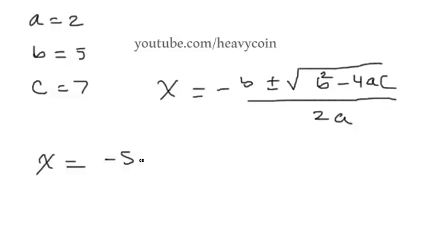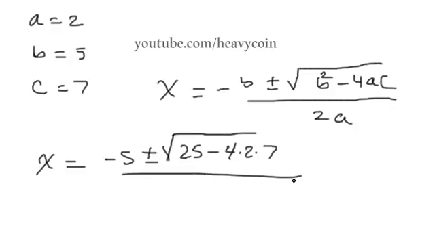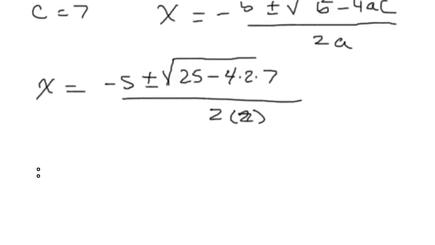And so now we go plugging stuff in. That'd be negative 5 plus or minus the square root of b squared, which is 25, minus 4a and c, over 2 times, oh, no, that's a, it's 2 times 2. Getting in a hurry there. So we end up with x is equal to negative 5 plus or minus the square root.